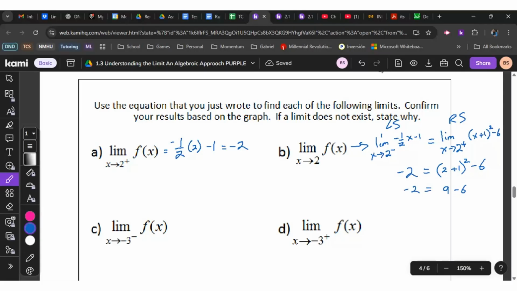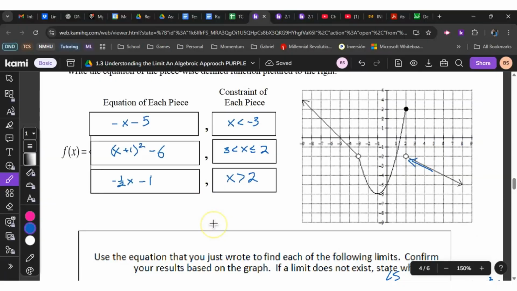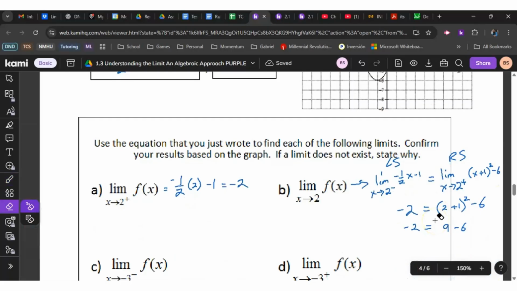Did you get that? This equation? Because if I'm trying to go from the left side of 2, this middle function here is the one that's on the left side, right? Because this is saying x is less than 2. So I have to use this function for the, oh, I wrote it backwards. That's what's confusing, isn't it? Yeah, I wrote that backwards, sorry. This should have been the right side. This is the left side. Is that what was confusing you, Raquel?